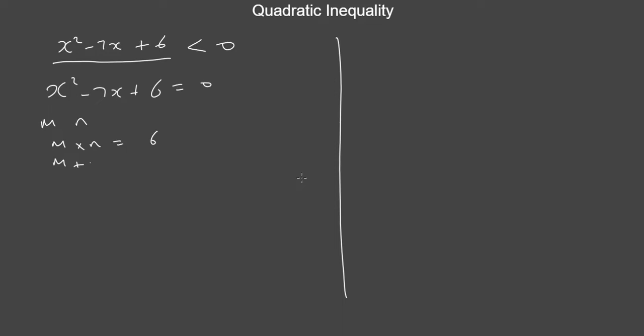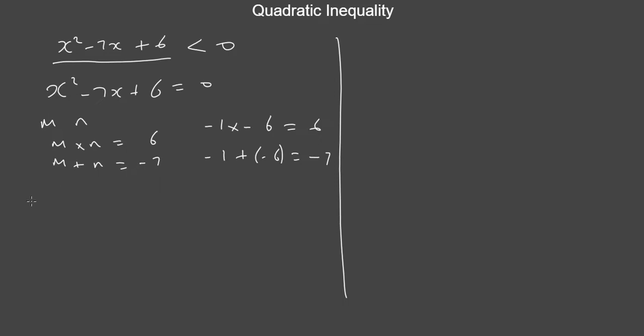So when you think about it, you'll notice that those two numbers are minus 1 and minus 6. Now, what that implies is you're going to take minus 7x and replace that with minus x minus 6x. Which means you're going to have x squared minus x minus 6x plus 6 equals 0.